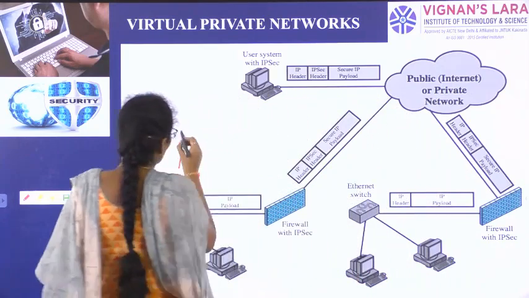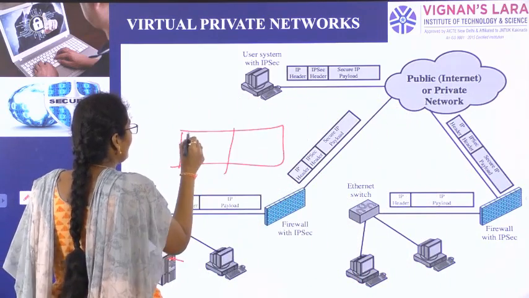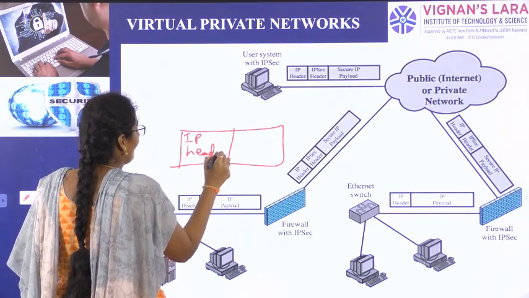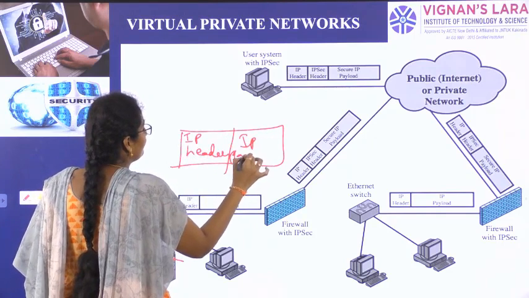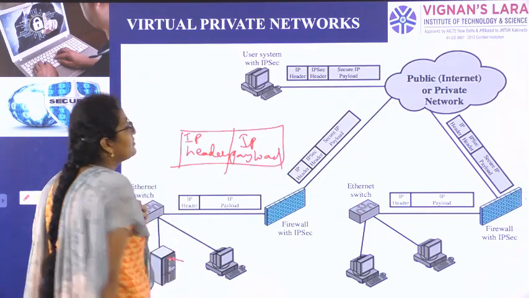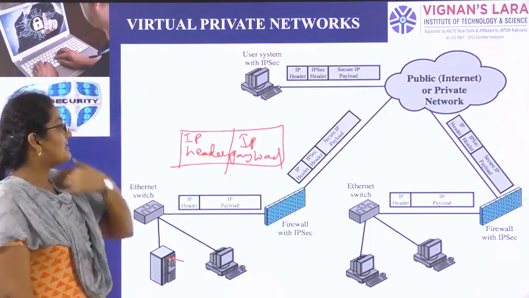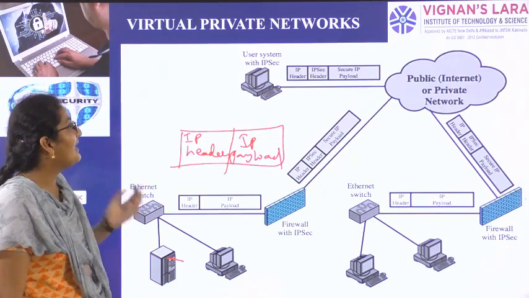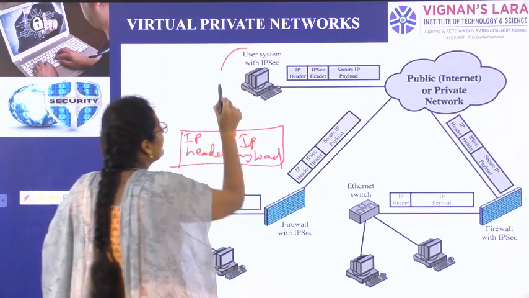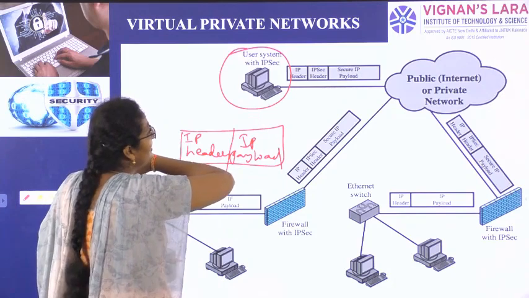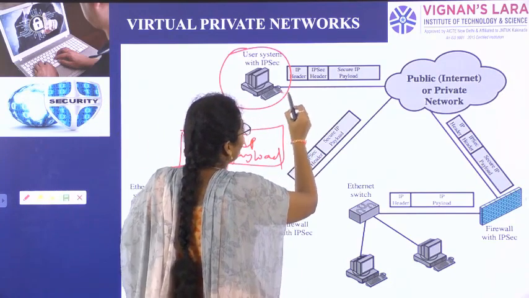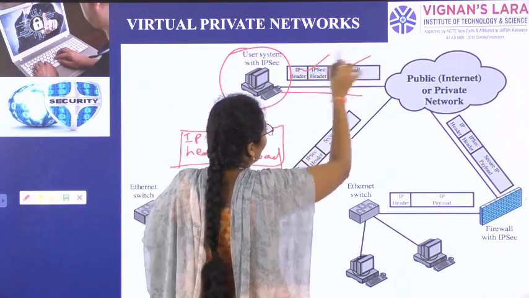As I already told you, IP is divided into IP header and IP payload. When we discussed the IP overview and IP architecture, this IP is divided into IP header and IP payload. So the user system with internet protocol security, where the protocol is divided into IP header and IP payload.